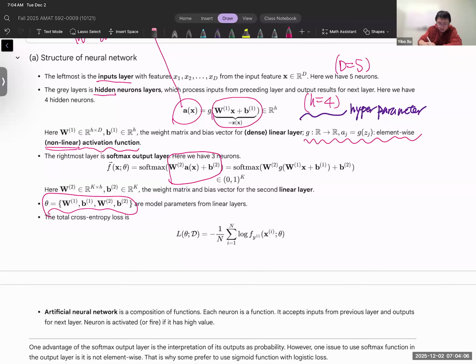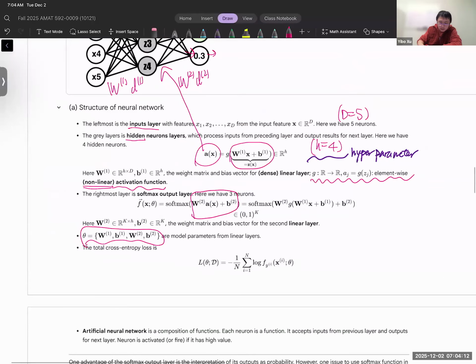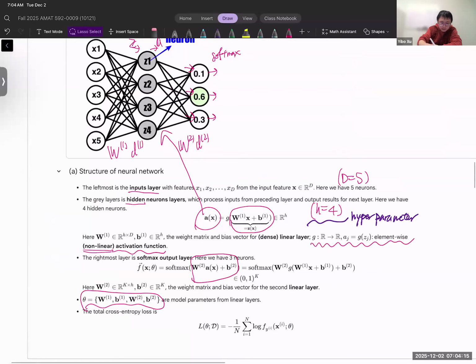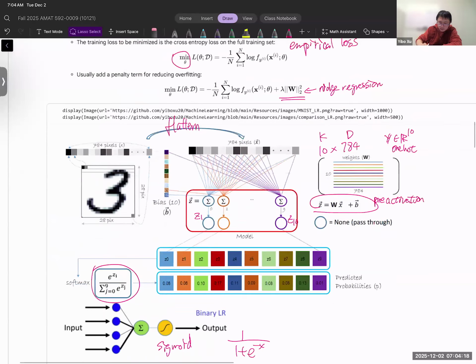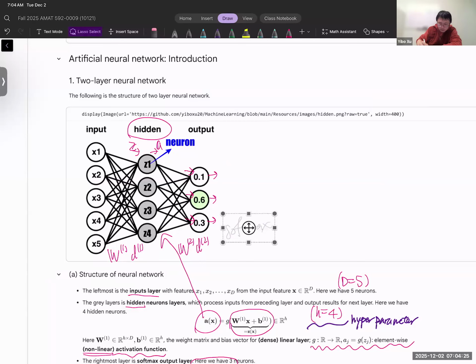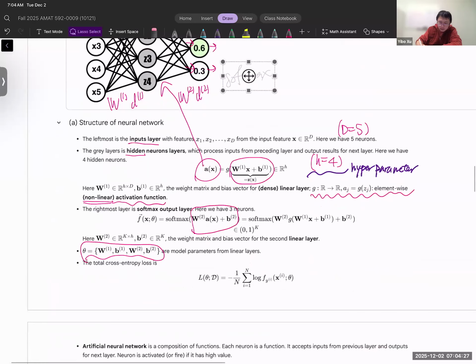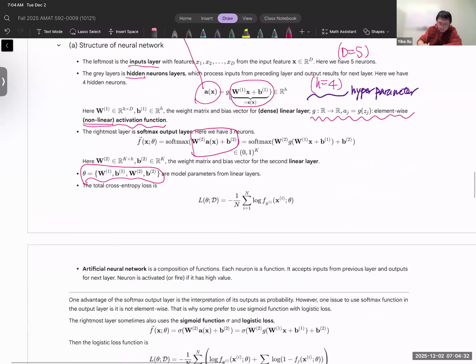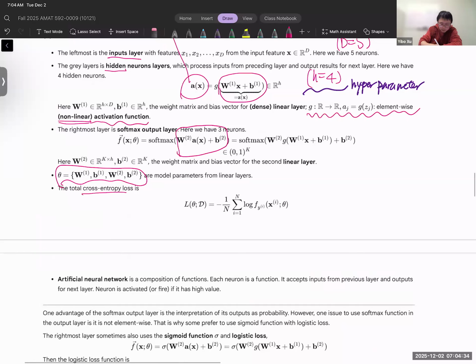Since we are looking at the softmax as the final activation, let me put it down. Because softmax is used as the activation, the loss is still going to be cross entropy.